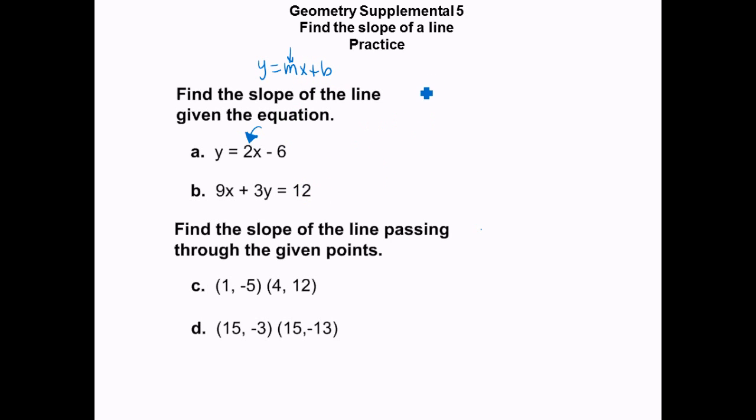For b, I have 3y is equal to negative 9x plus 12. Divide everything by 3. y is equal to negative 3x plus 4. What's the slope? Negative 3.